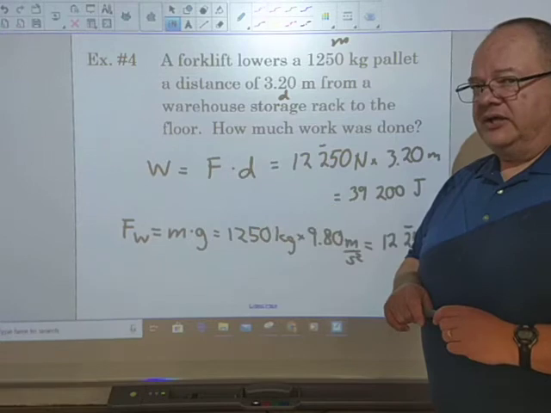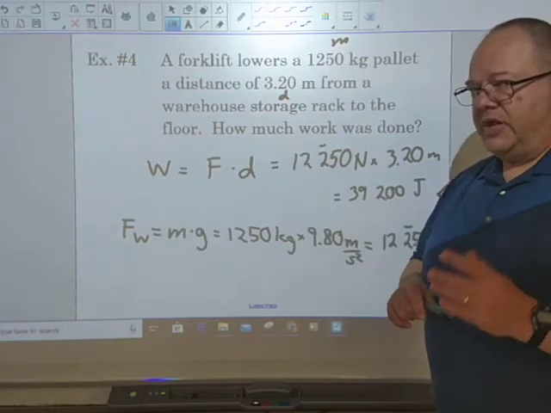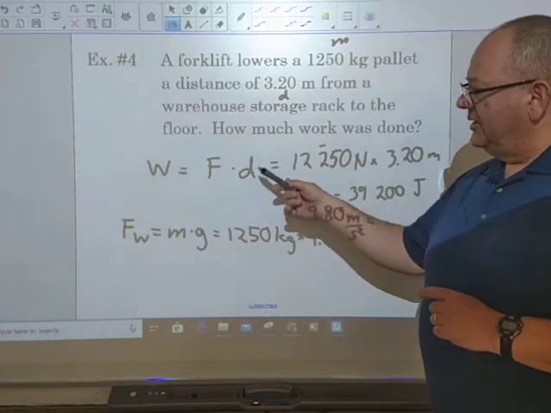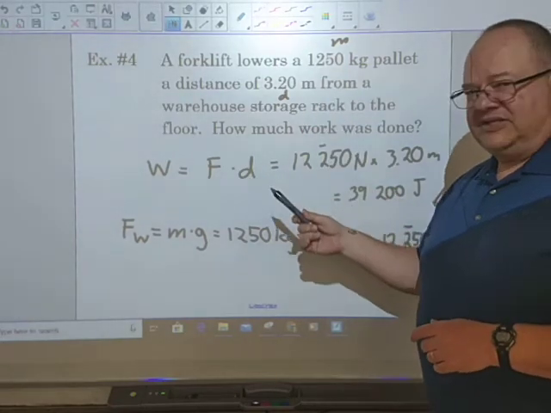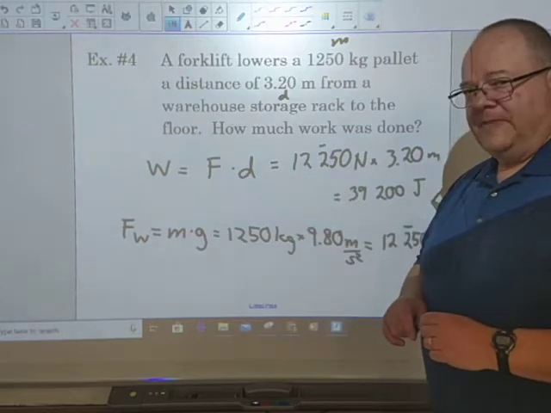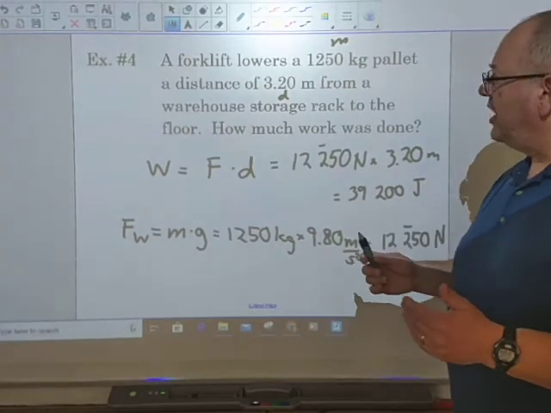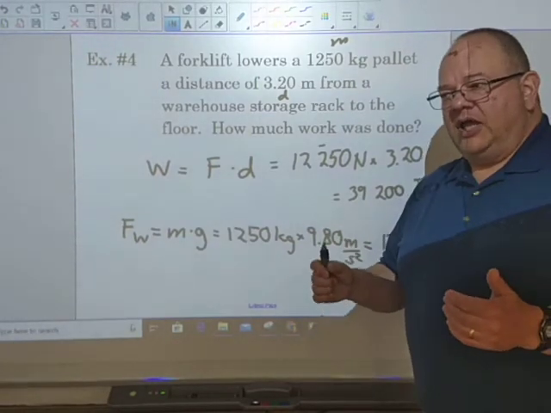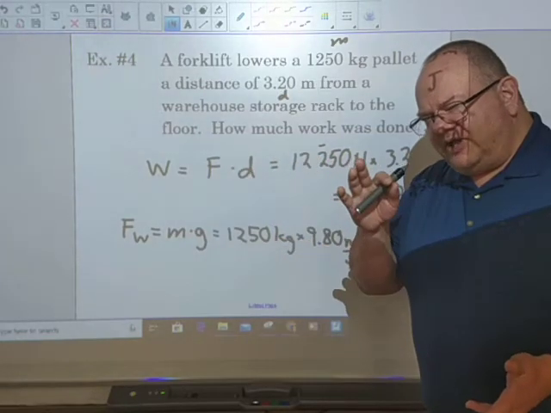Force is a vector quantity. Direction matters. I've been using the word distance, but really it's displacement, because the direction of the motion here does matter. And here's the thing. Which direction is the forklift applying a force? And even though the material is moving downward, can you think about it?